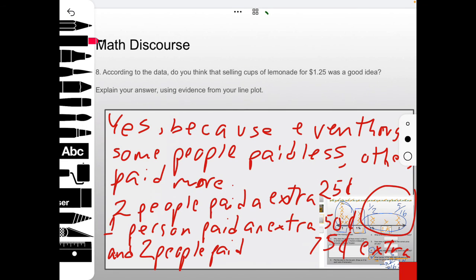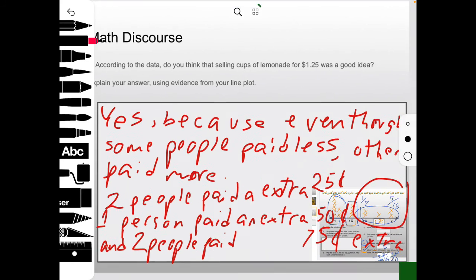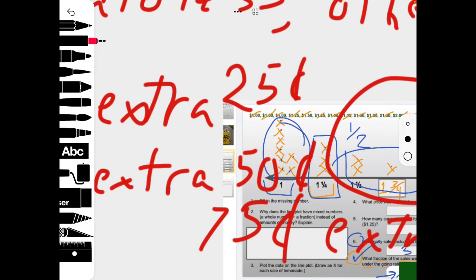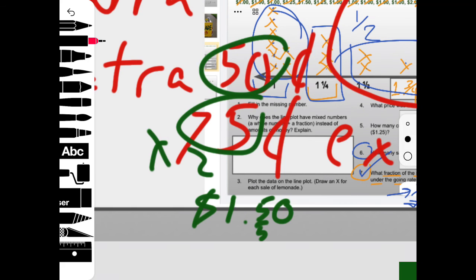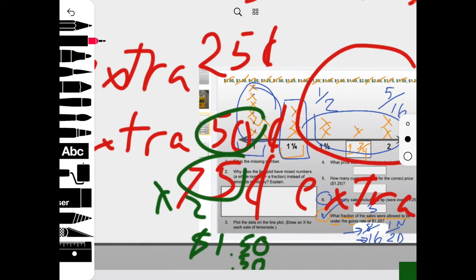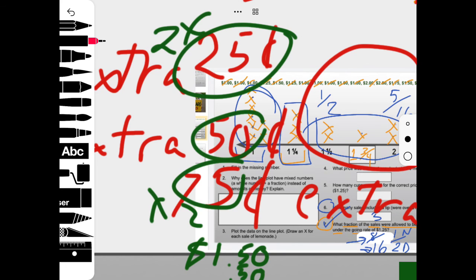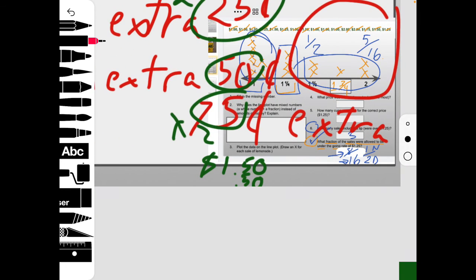Now we have to do a little multiplying in order to calculate this some more, or I could just do repeated addition. This 75 cents times 2 would equal, I'm running out of space here, would equal 150, and then this was just 50 cents by 1 person. And this was 2 times 25, and that's 50 cents, right? So we've got 50, 50, 50.